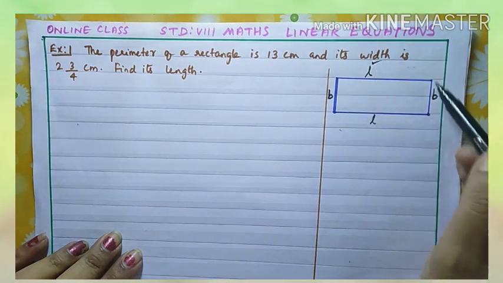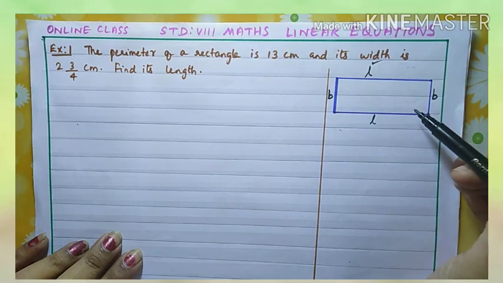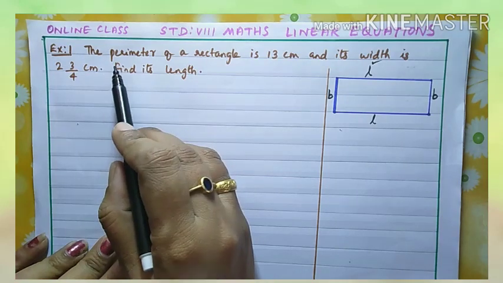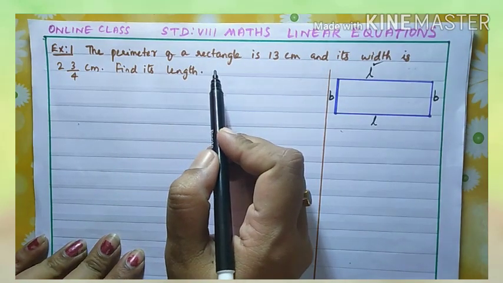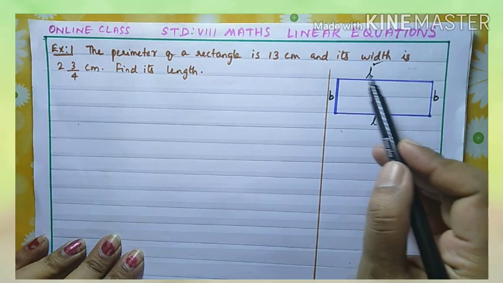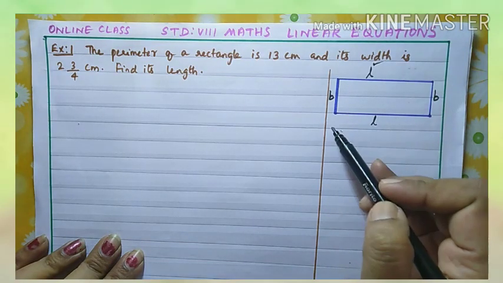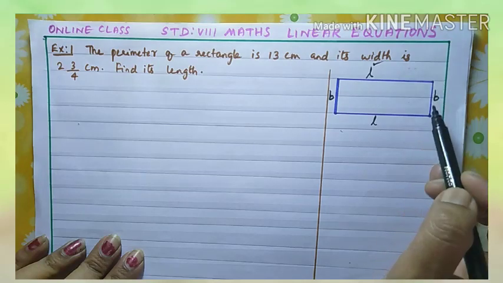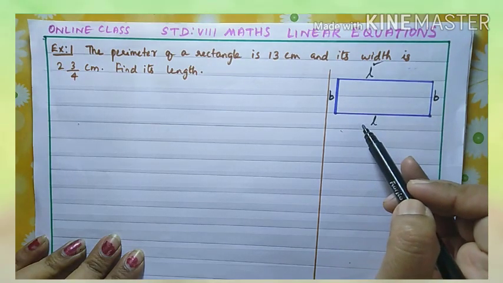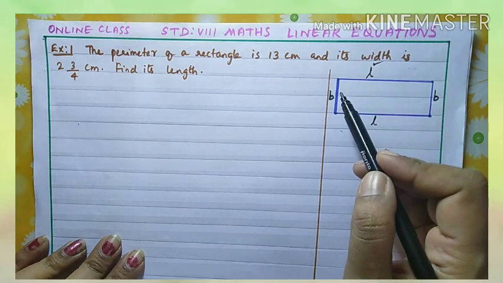In a rectangle opposite sides are equal, and in the question it is given the perimeter of a rectangle. Perimeter means the sum of the sides of the boundary; the sum of the sides is called the perimeter of the shape. We need to add the boundary length.